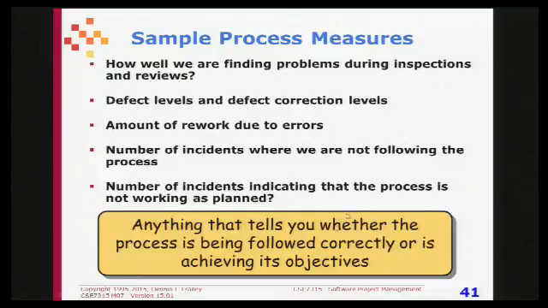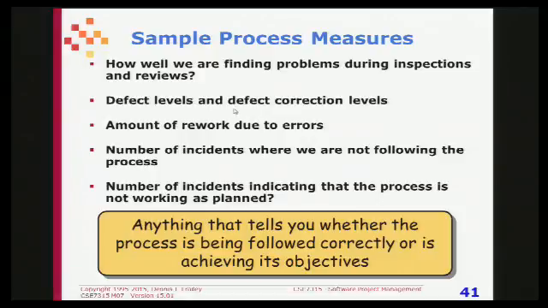Here are some examples of things you might measure that relate to process risks. How well are we finding problems during our inspections and reviews? Maybe you count how many problems you find or how often you run into problems that you should have found sooner. If you keep running into problems that should have been found earlier in the process, that tells you you have a process problem.